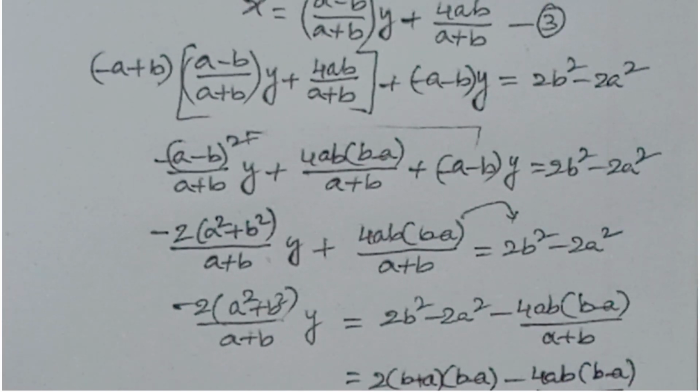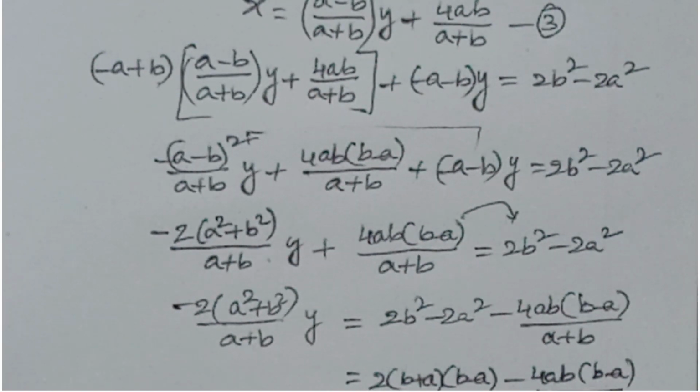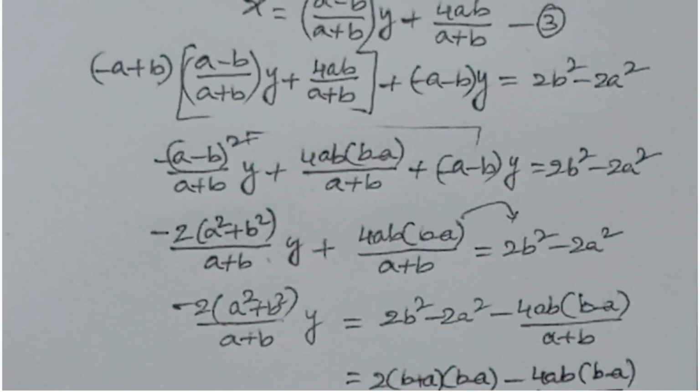So here you can take 2(b-a) common. Here you'll get ((b+a)² - 2ab)/(a+b).